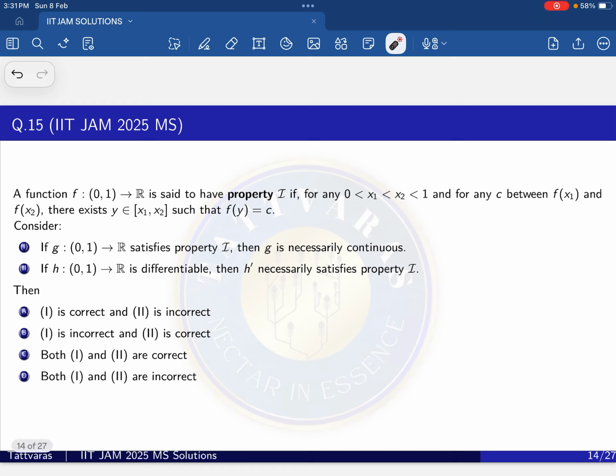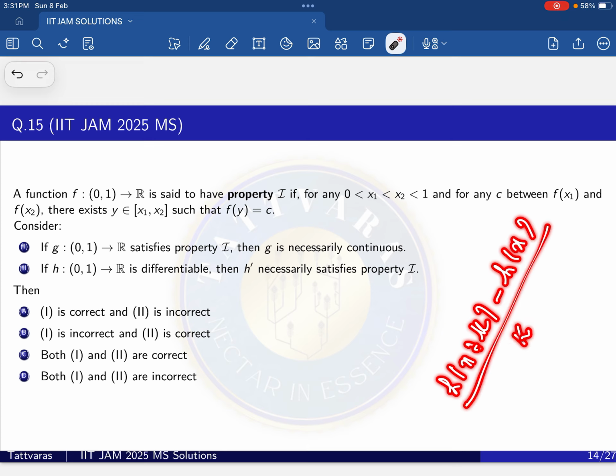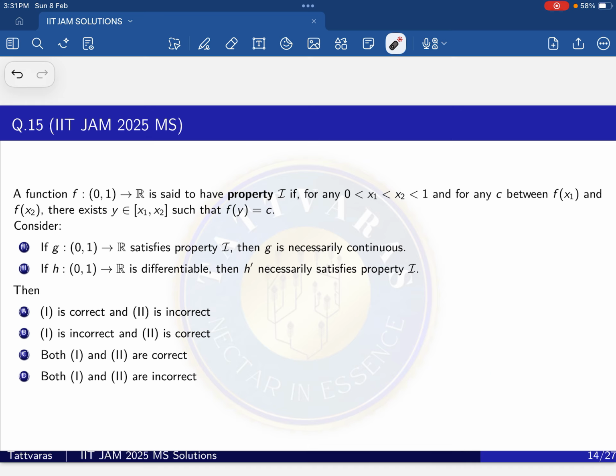If it is differentiable, that necessarily means that the limit of (h(x plus k) minus h(x)) by k should go to h prime of x for any x in (0,1). So that should be satisfied, and on the contrary, if h prime does not satisfy this property I, then h should not be differentiable everywhere.